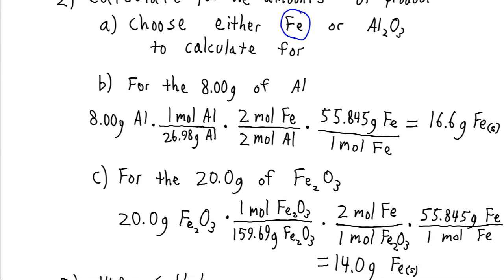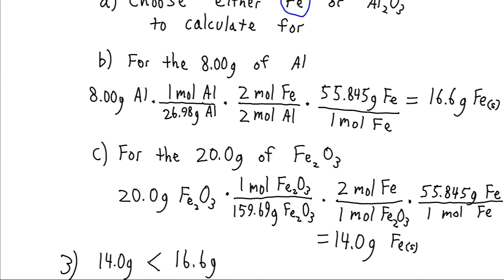And we get 14.0 grams. Now because 14.0 grams is less than 16.6 grams, that means that this is the substance that runs out first. Our iron oxide runs out first, and it's the limiting reactant.